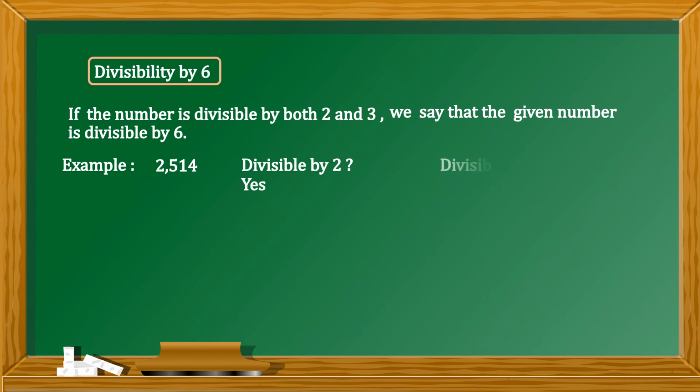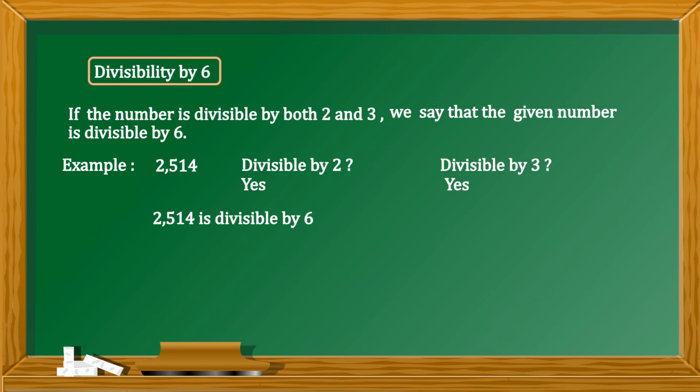Next, is the number divisible by 3? The sum of the digits is 2 plus 5 plus 1 plus 4 equal to 12, and 12 is a multiple of 3. So yes, the number is divisible by 3 also. Hence, 2514 is divisible by 6 because it is divisible by both 2 and 3.